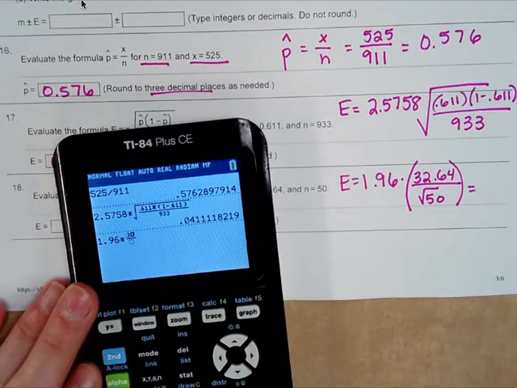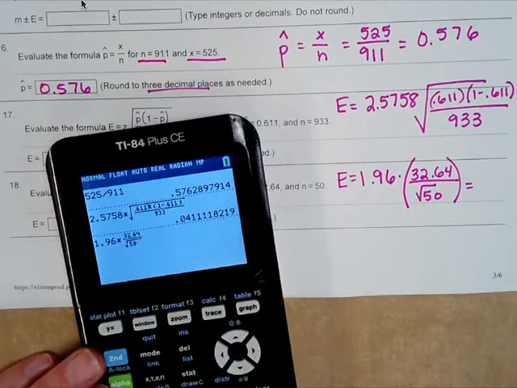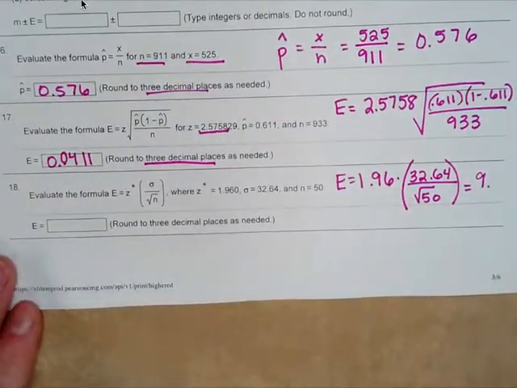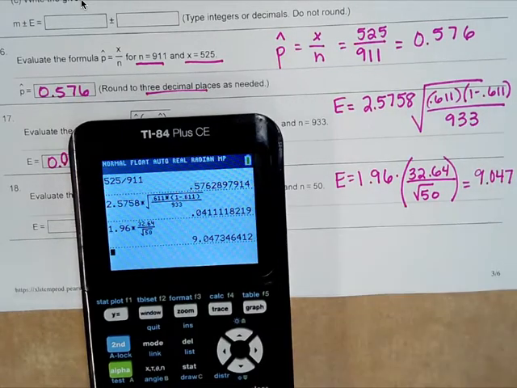I'm going to plug it in. This one wants me to round to 3 decimal places. 0.047.